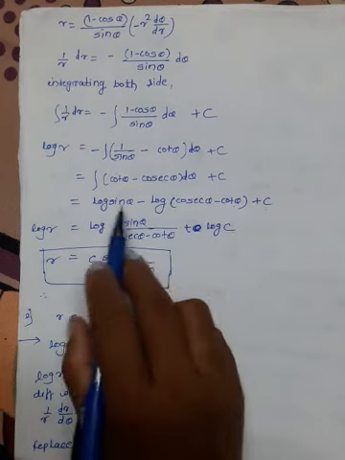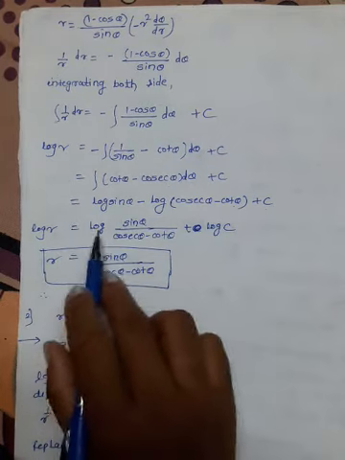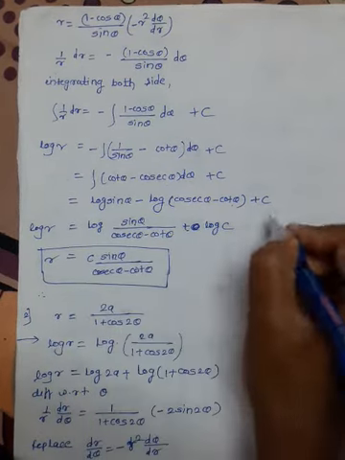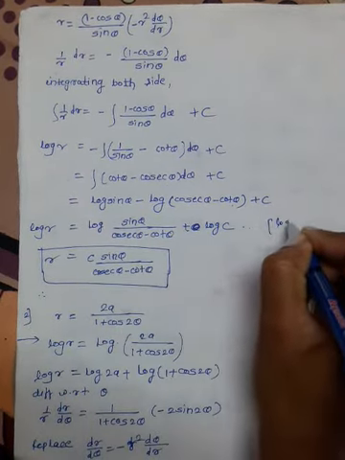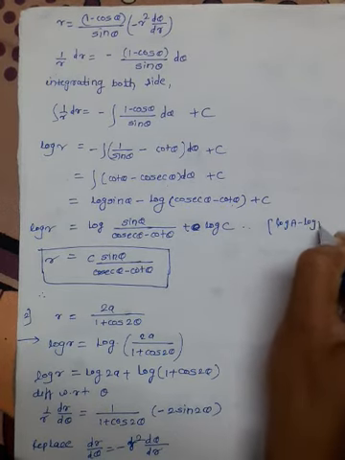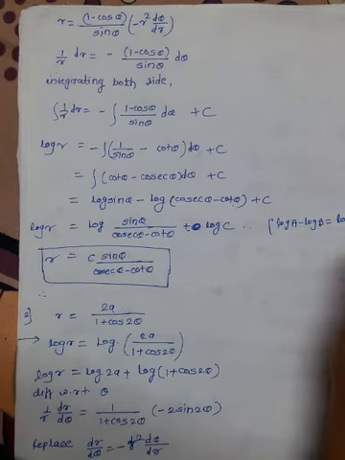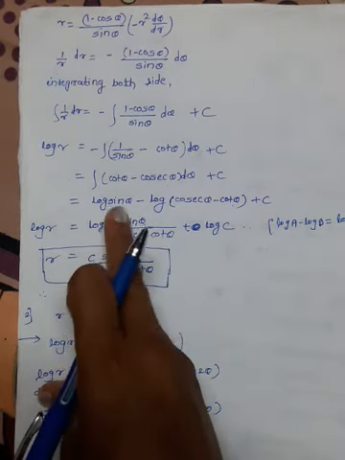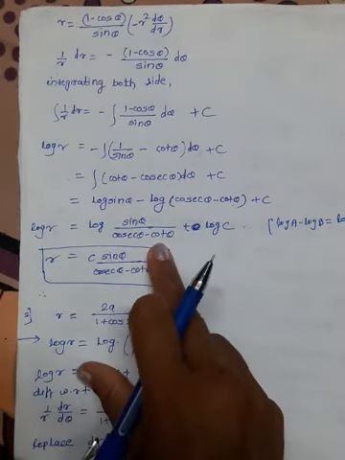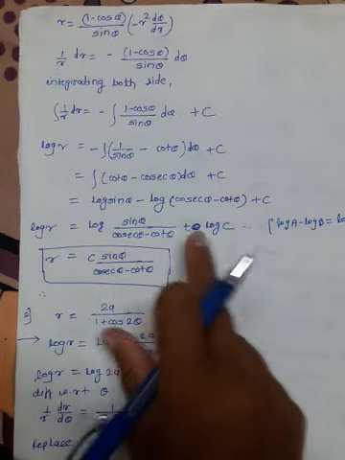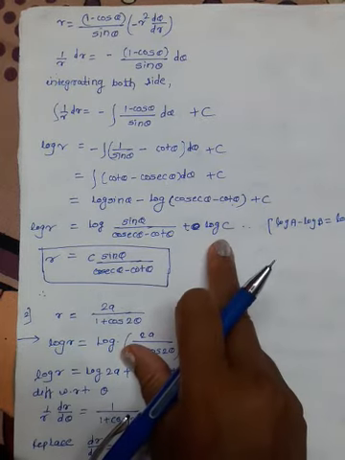Now in every term log is there. Now use the formula log a minus log b is equal to log a upon b. Therefore it becomes log of sin theta upon cosec theta minus cot theta. Since everywhere log is there, take c as log c.